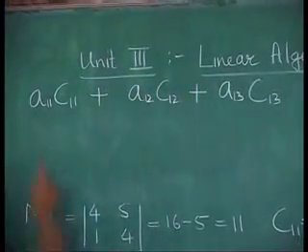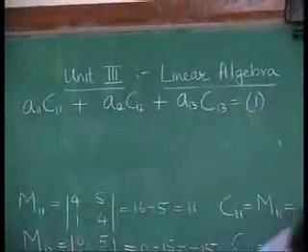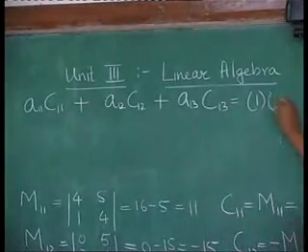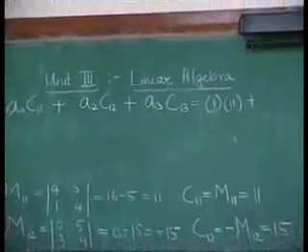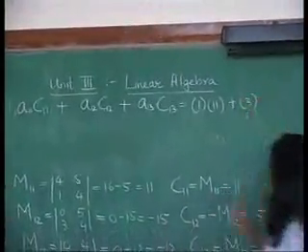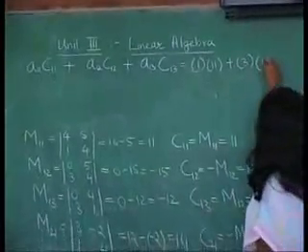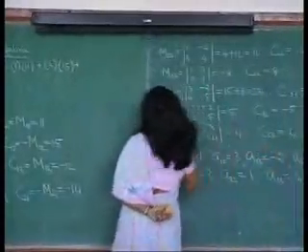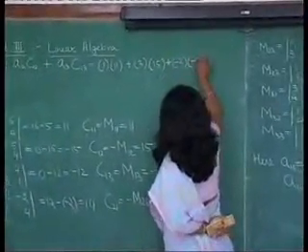So A11 is 1 into C11. C11 is 11, plus A12 is 3, C12 is 15, A13 is minus 2 and C13 is minus 12.